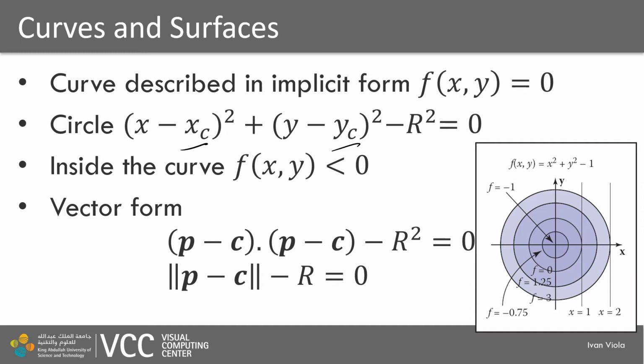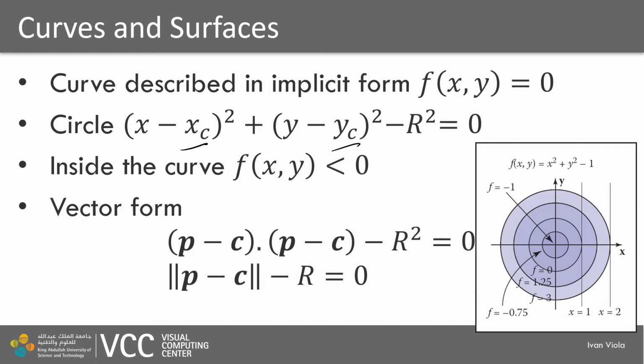For every point inside this circle, the value will be smaller than 0. It will be a negative value, because a smaller distance from (xc, yc) than r will result in a negative value. Consequently, if we have a point (x, y) somewhere outside this circle, the functional value will be positive.